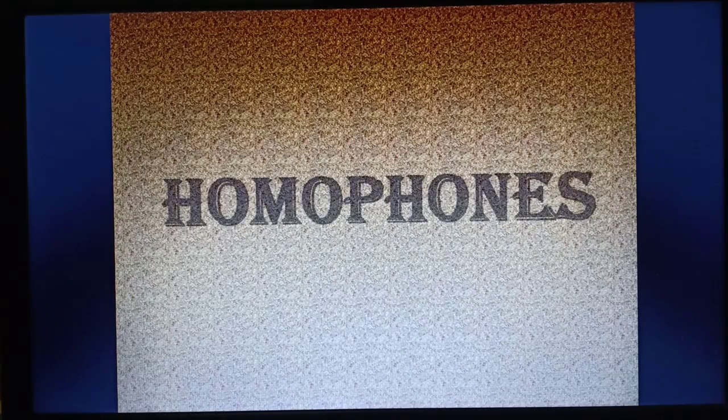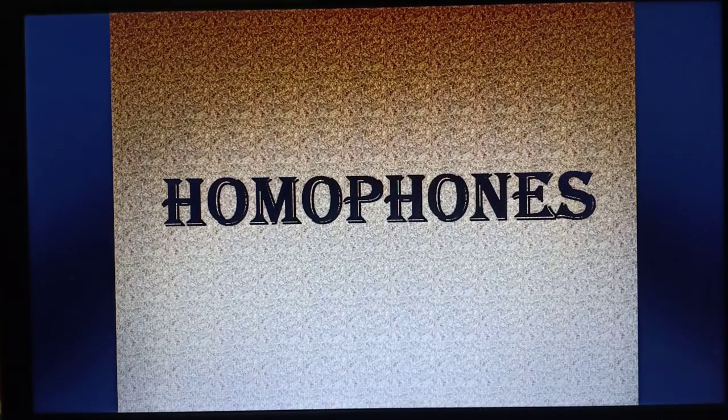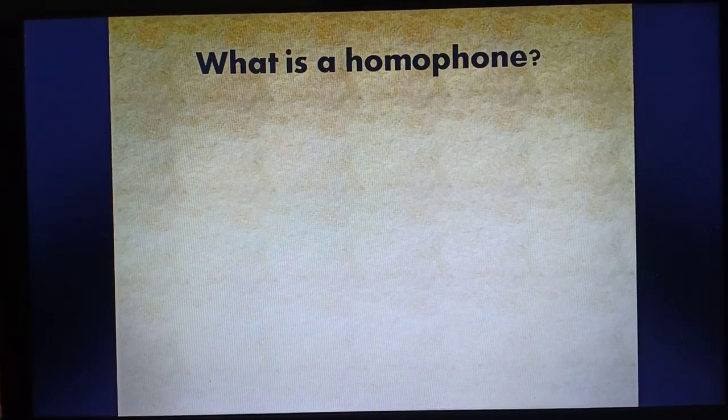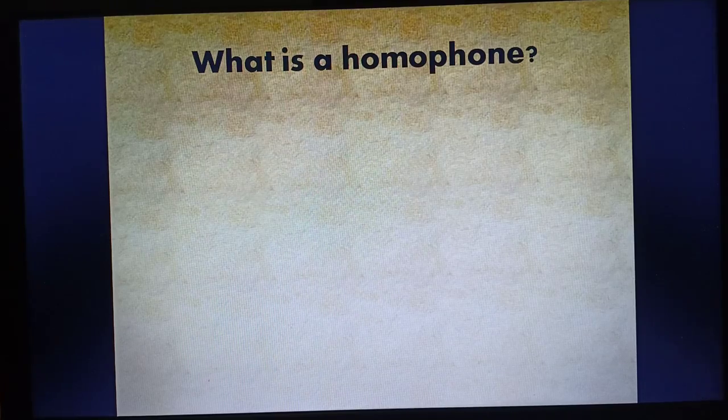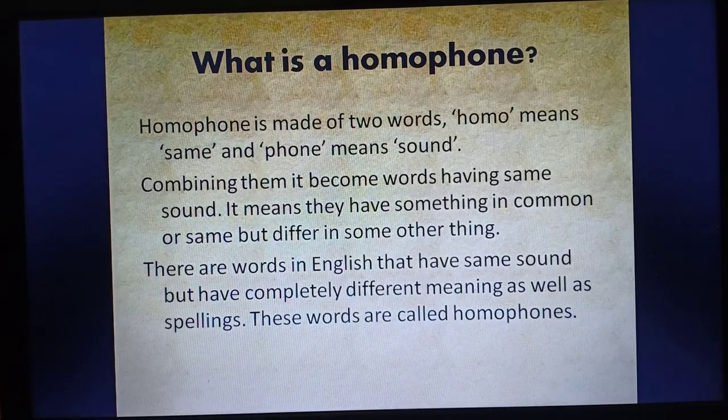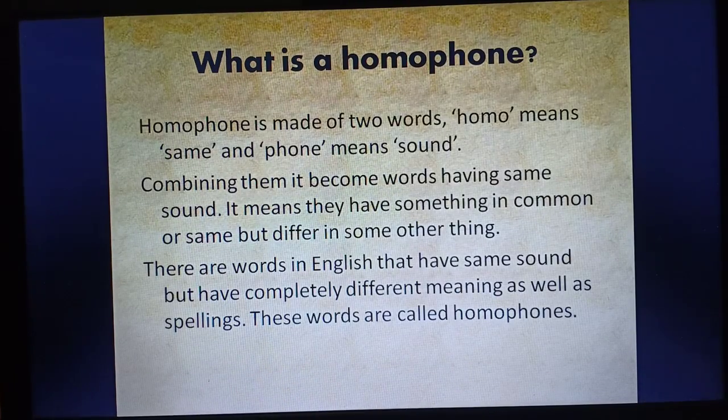Now we'll move on to another interesting topic, that is homophones. Now let's see what homophones are. Homophone is made of two words. Homo means same and phone means sound.